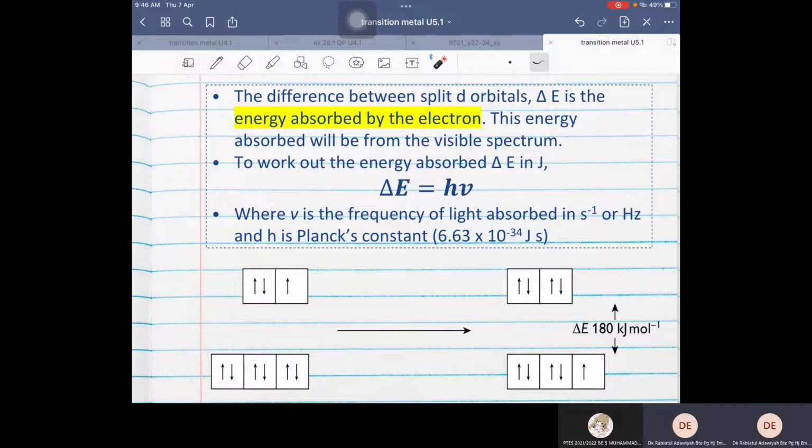So whether you absorb red light, blue light, yellow light, as long as it's in the visible region. Okay.